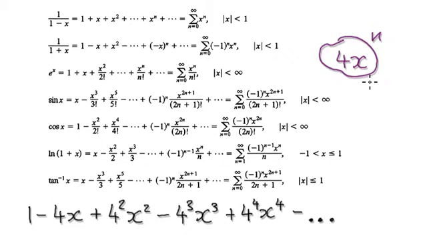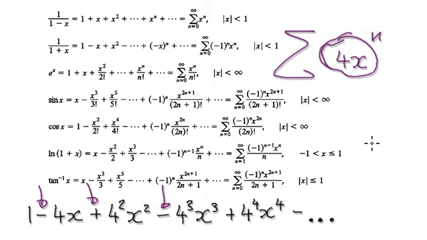So you're looking for something of this form here, and then here you've got negative, plus, negative. So you've got the alternating components of it. You should be looking out for something which has an alternating component to it.